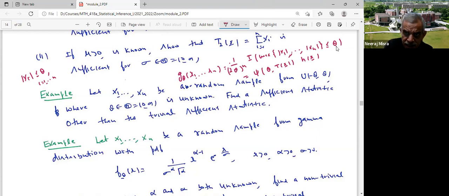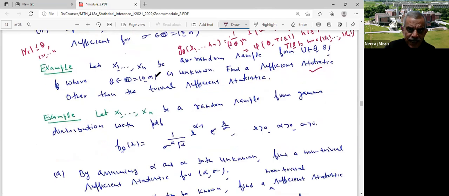And what is your tx? Tx is the maximum of mod of x1, mod of x2, ..., mod of xn.